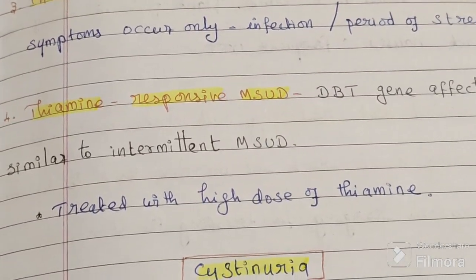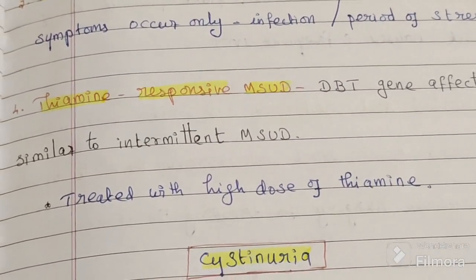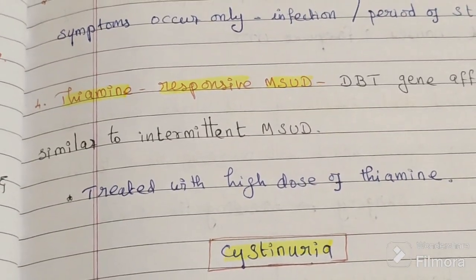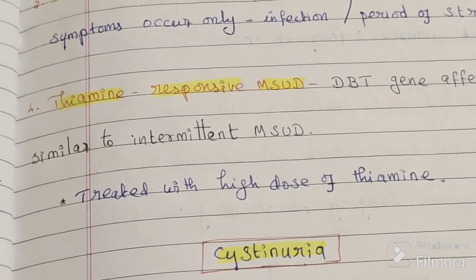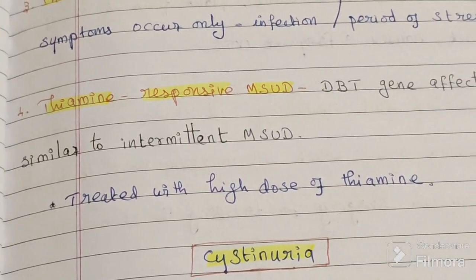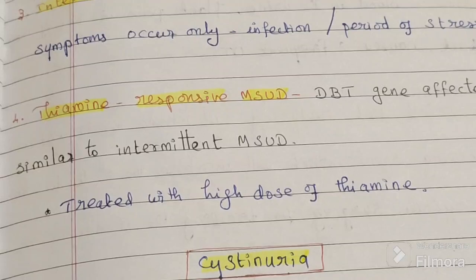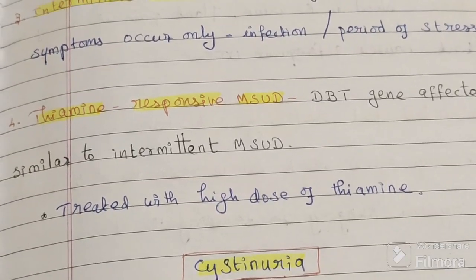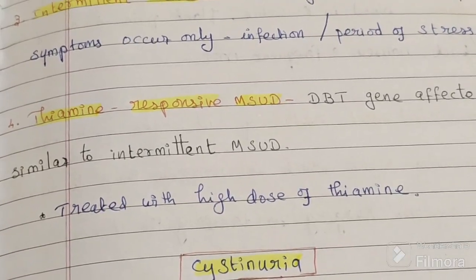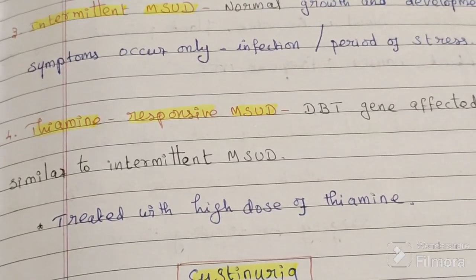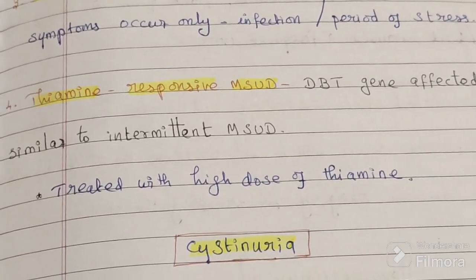Treatment is by controlling the level of the 3 amino acids and by following a restricted diet.